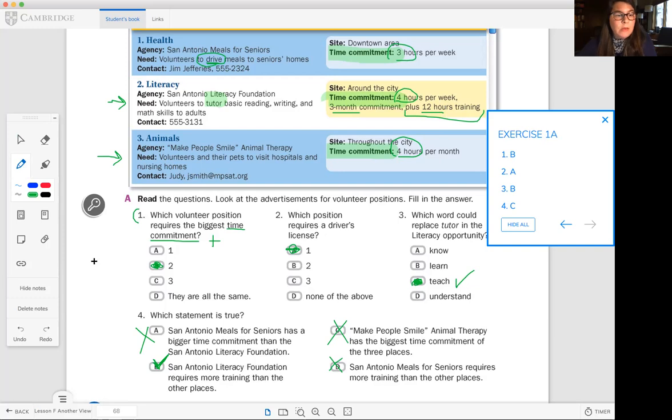So the point of doing this is, we didn't read any of this information over here. We didn't need this information. We didn't need that information. The point is to practice looking for specific information quickly and moving on. If this was the CASAS test, you check your answer and you turn the page and you keep going.